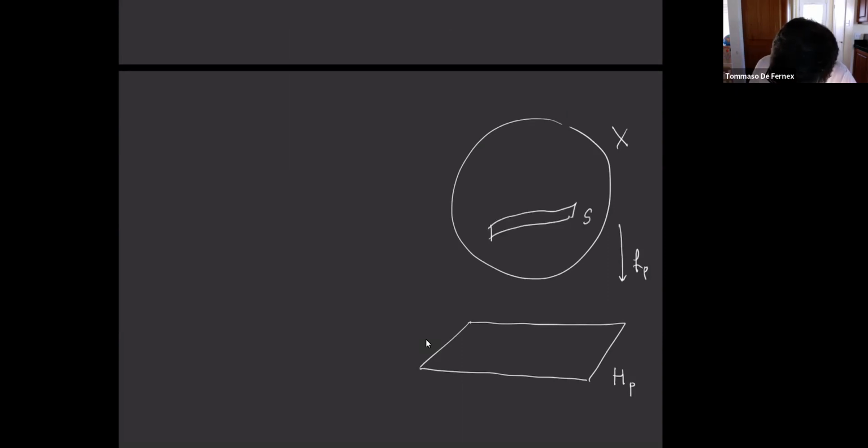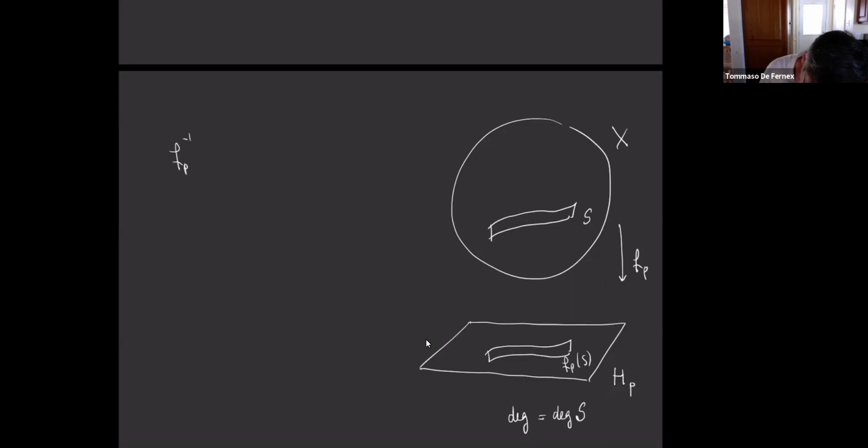When I project, I get a birational map to this image, which is f_p(S), and the degree of the image is the same as the degree of S. And now I take the inverse image, so I look at f_p inverse of f_p(S). For general projection, at least the support, I can always write it, a bit sloppily maybe, as a union of two subvarieties, where one is the original surface S, and the other one is a residual surface of intersection.